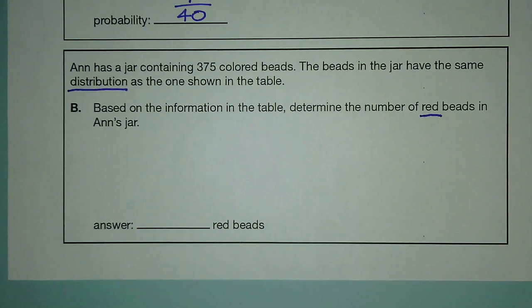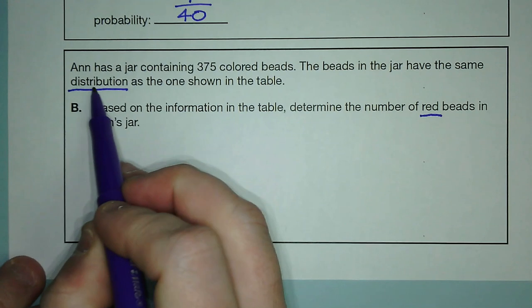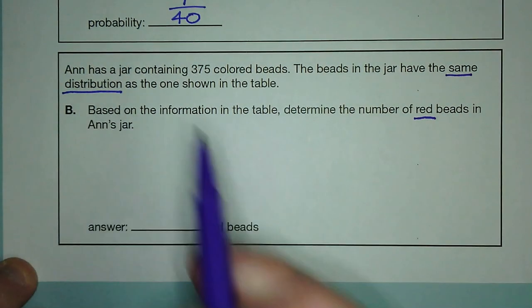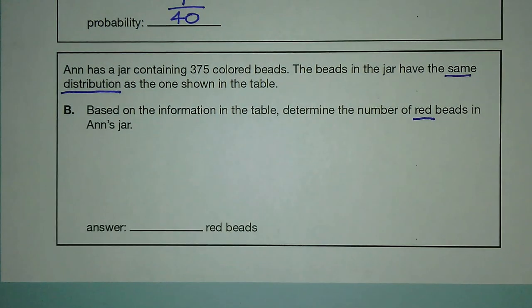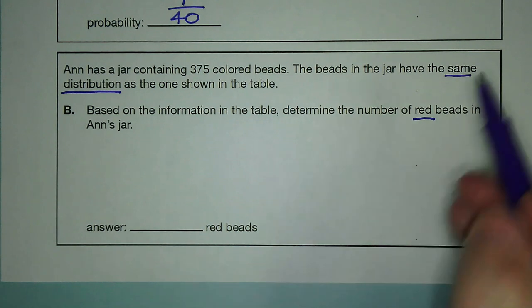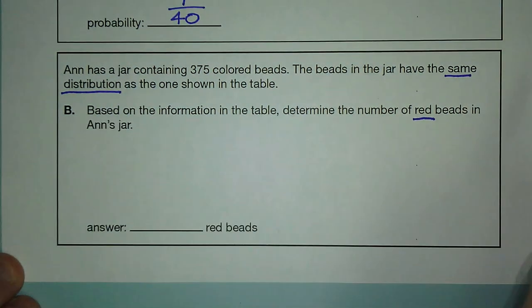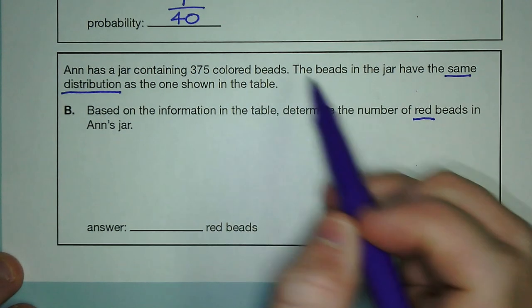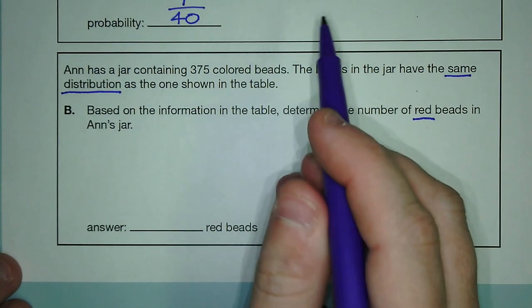I'm 99 to 100% sure I know what the deal is here, but it's worth noting, I've never seen this wording, "have the same distribution." That's interesting. So I wanted to highlight that specific wording first of all, that the beads in the jar have the same distribution.